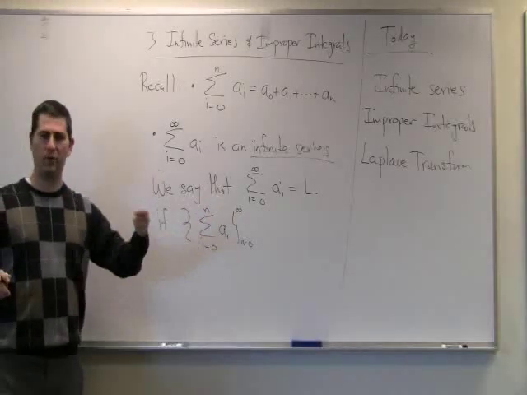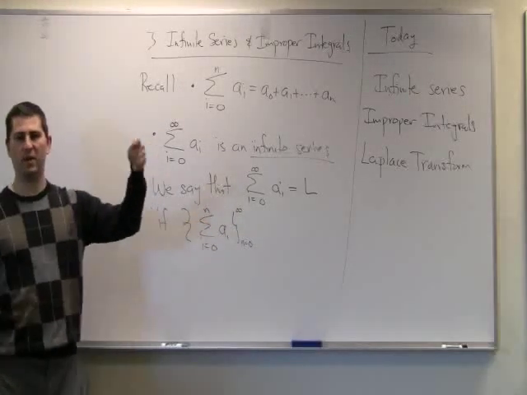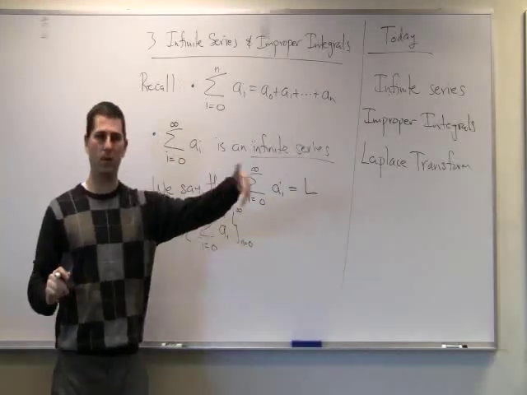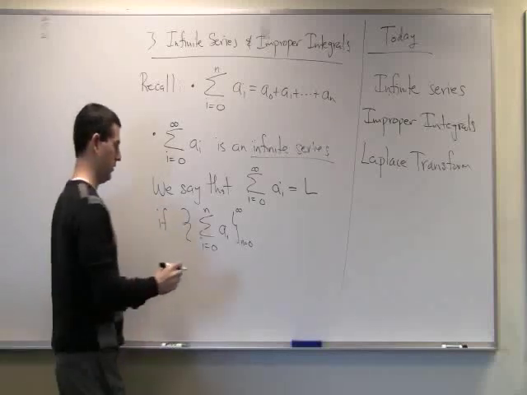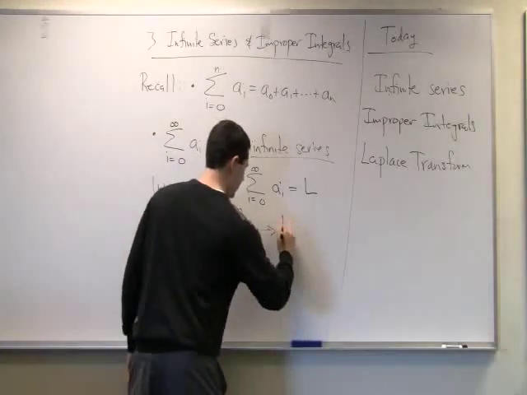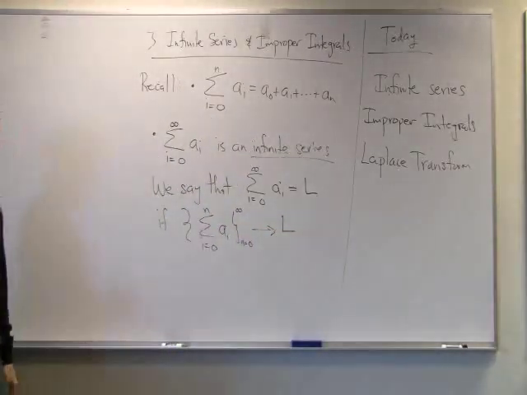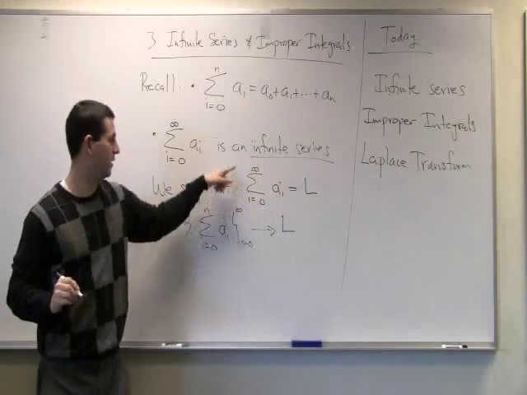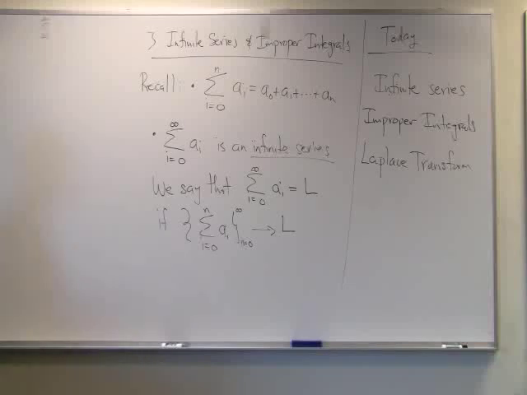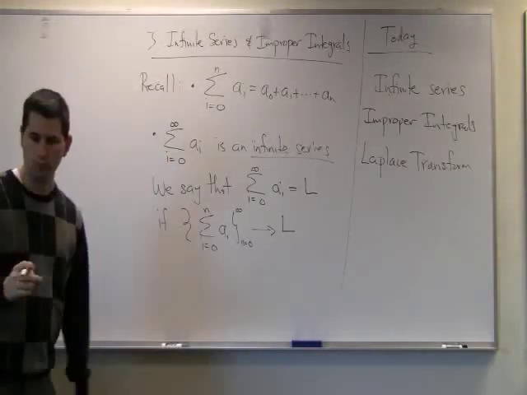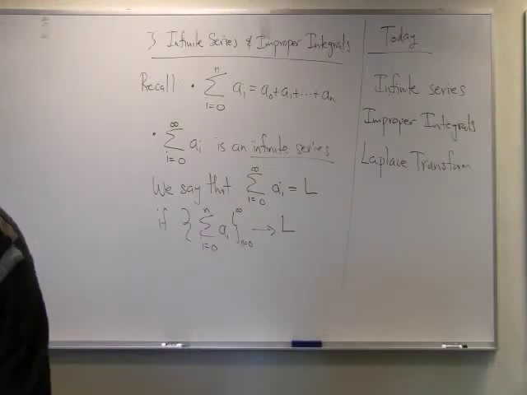And then the first term you look at a_0 plus a_1. And the next term is a_0 plus a_1 plus a_2 and so forth. And that gives you a sequence of numbers. And if that sequence converges to L, then we say that the infinite series equals L, or the sum is L.